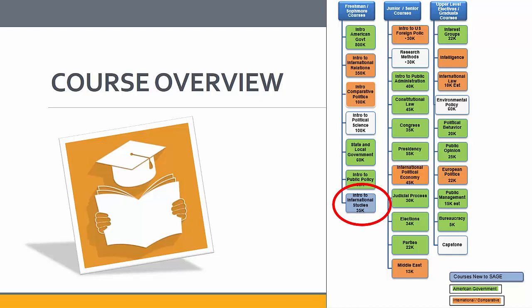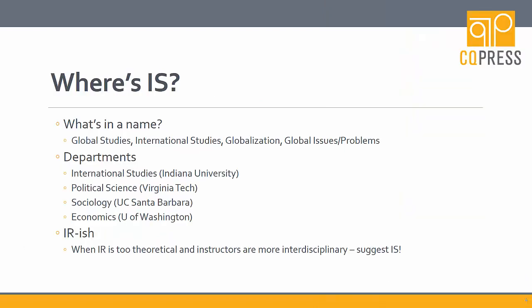These courses are often taught by political scientists, but tend to attract a lot of non-majors or students from other departments, so the course needs to look at the issues in more ways than just from a political science perspective. IS courses also take a look at all of the different non-governmental actors that have a hand in solving global issues beyond just the countries themselves, such as international nonprofits and humanitarian aid workers.